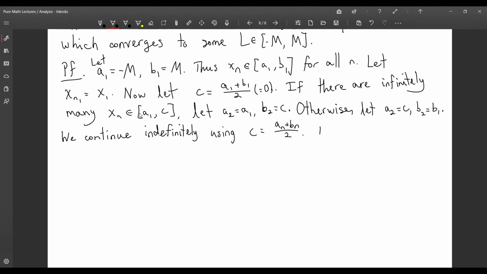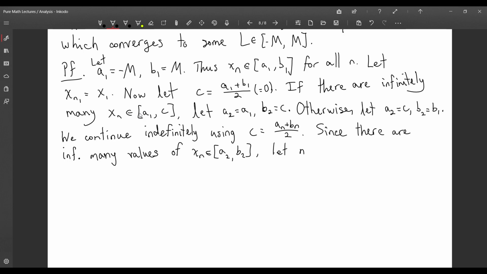So since there are infinitely many values of x sub n in the new interval, say a sub 2, b sub 2, then let n sub 2 be bigger than n sub 1, such that x sub n sub 2 is in this interval.